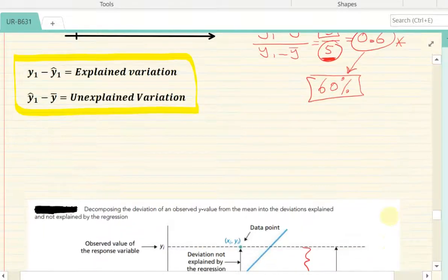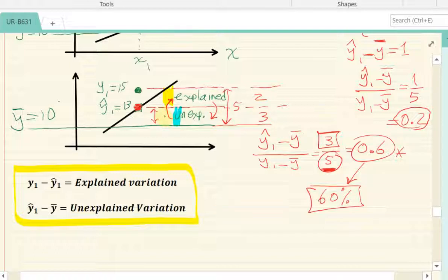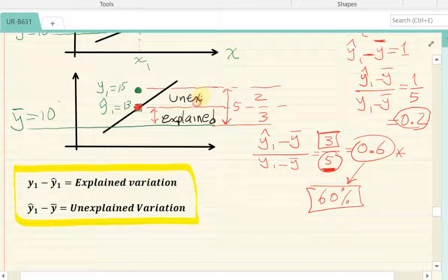Oh, make sure I go up here. Sorry, I got these switched out. There you go. It's the other way around. So they call this portion explained. Maybe I should just clarify. There you go. So I'm not confusing you here. Okay, so this is going to be explained, and this is unexplained.